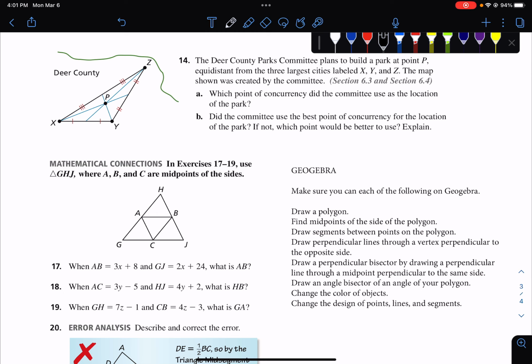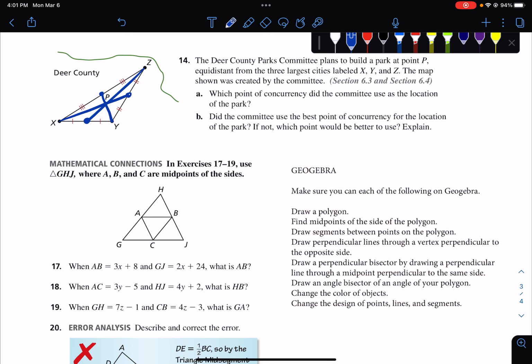When I look at this, there's a couple of things I notice. These two hash marks mean that this piece and this piece are the same. So I've got a midpoint right there, a midpoint right there, and a midpoint right there. And those midpoints are connected to the vertices across from them by these lines.